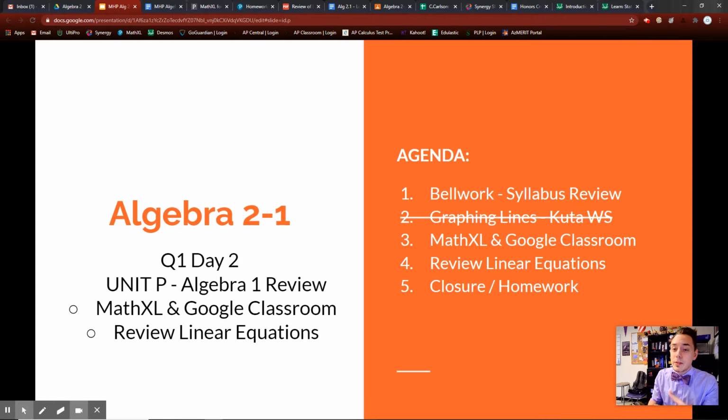You need to get on the Desmos activity from Friday and finish that so I can get to know you and you can get to know Desmos a little better. You also need to have your parent or guardian, or you along with them, fill out the syllabus acknowledgement form. That's on the syllabus and also on Google Classroom. If you have yet to get on Google Classroom, you're going to be doing that right now.